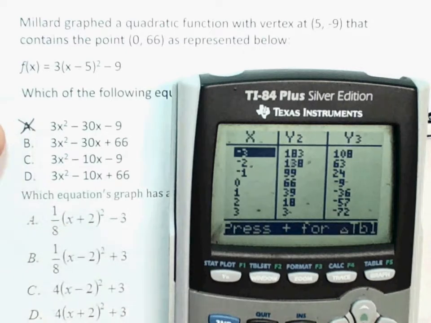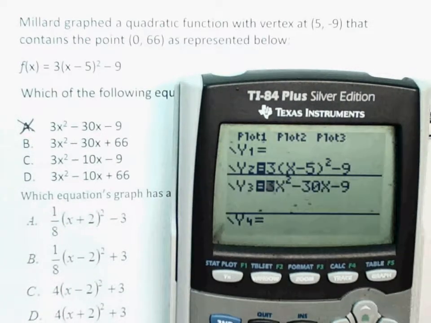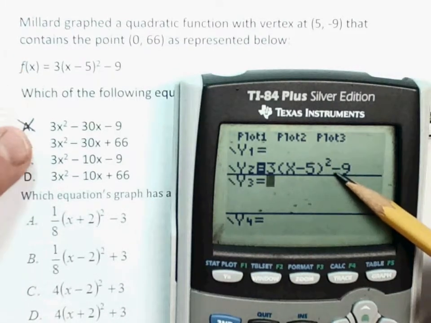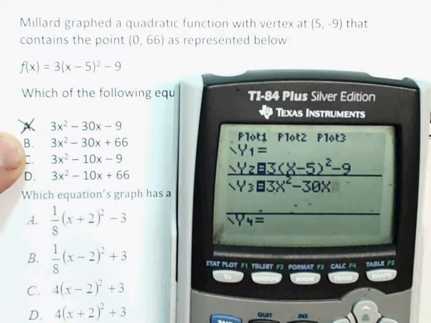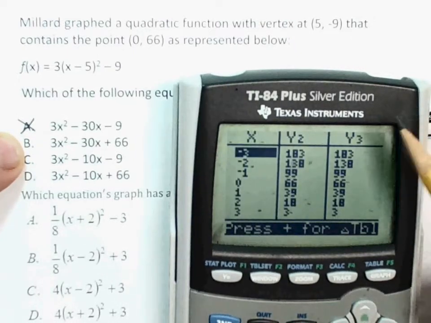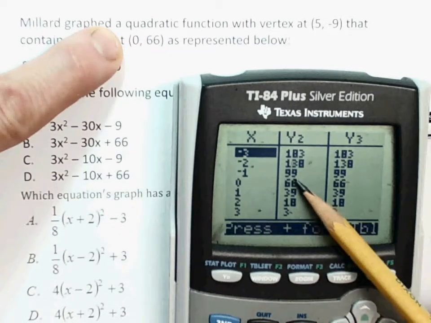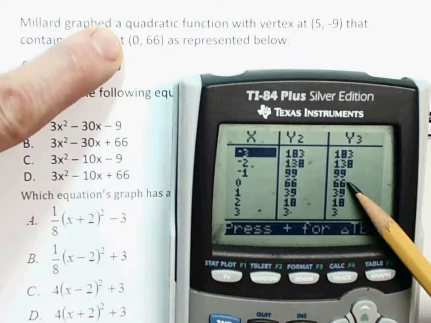So sorry, A. So all I'm going to do is go back up here, keep the original problem in there, and now I'm going to type in B and see if it matches up. Alright, so here we go. Do they both have 0, 66? 0, 66 on the original problem, 0, 66 on the, oh, okay.